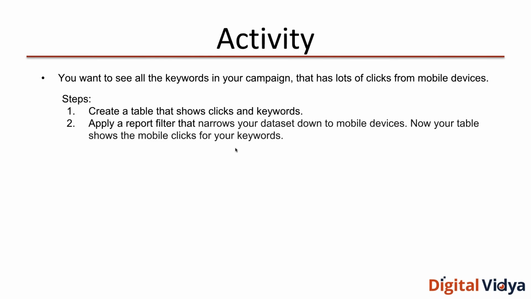So campaign will go into the row, the columns will be clicks and keywords. Now you can create a report filter which narrows your data subset to mobile devices. So you can just filter out only mobile device, so that your table will show only the mobile clicks for your keywords. It will filter out keywords which got clicks only from desktop or tablet.